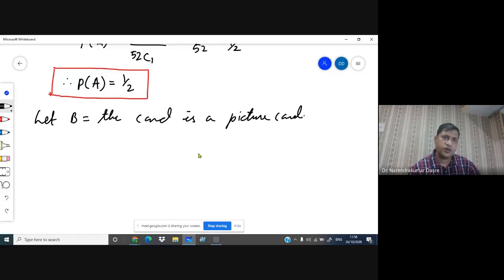Now tell me, how many picture cards do we have? Very good. We have 12 picture cards, correct? And out of these 12 picture cards, we have to draw one card.